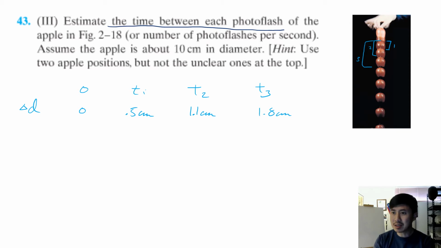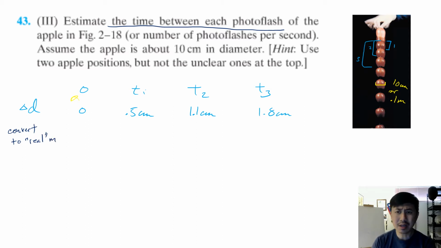It says that the width of this apple is 10 centimeters or 0.1 meters. So that means I just have to do a little bit of dimensional analysis. That's what I did next. I converted to, let's call them real dimensions, real meters.